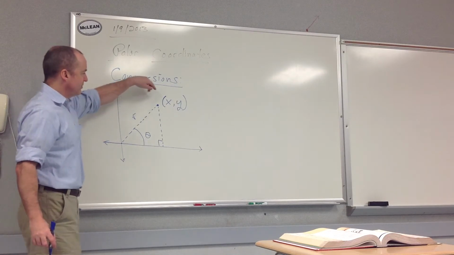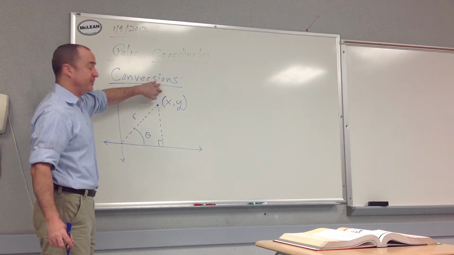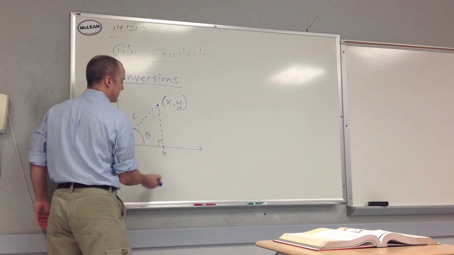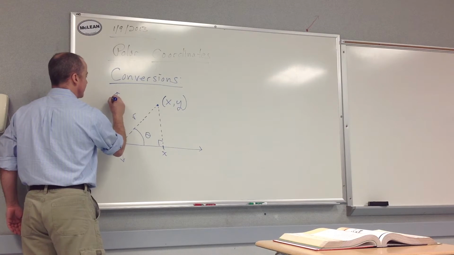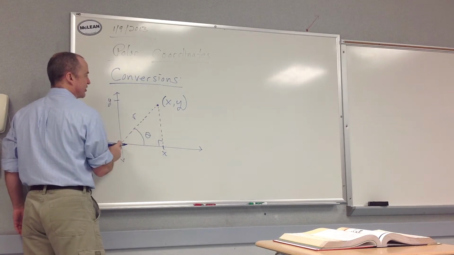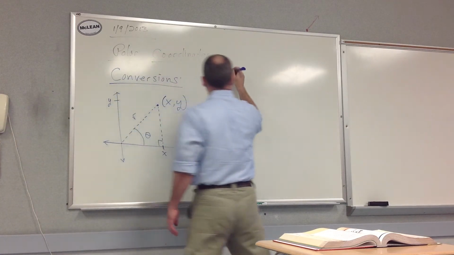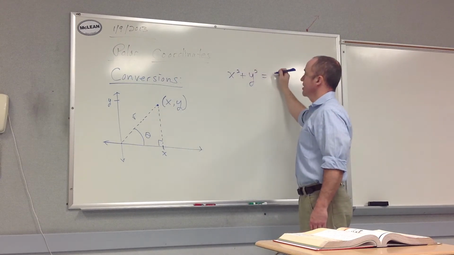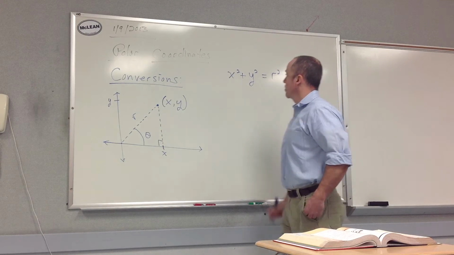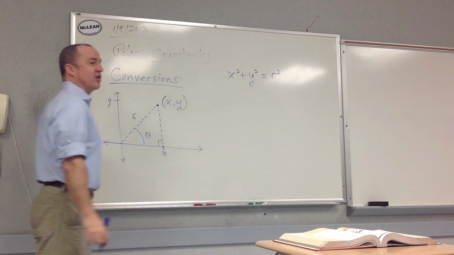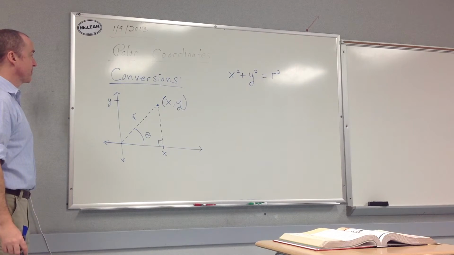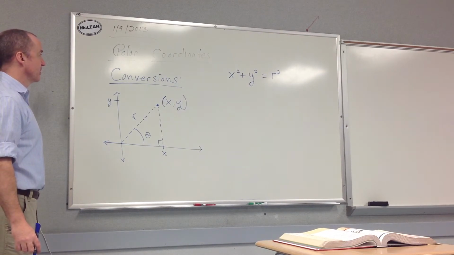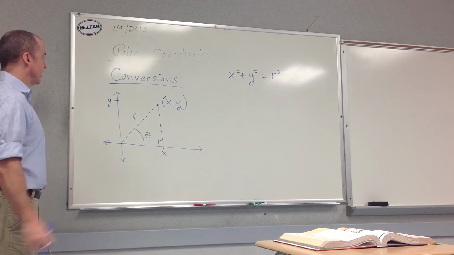First off, if you have an xy coordinate point, you have created a right triangle with the x coordinate, the y coordinate, and the distance from the origin. If you have a right triangle, the Pythagorean theorem applies. So x squared plus y squared equals r squared is your first conversion between polar and rectangular.